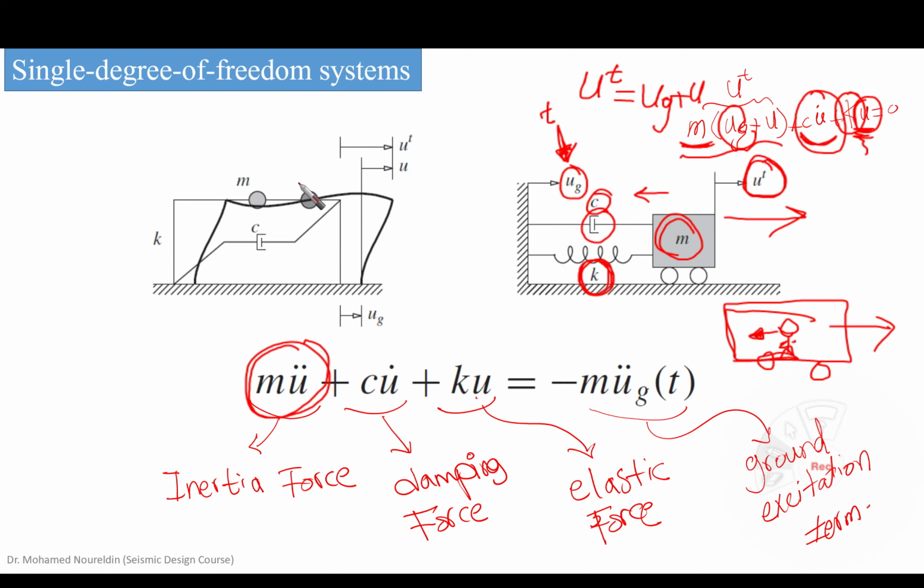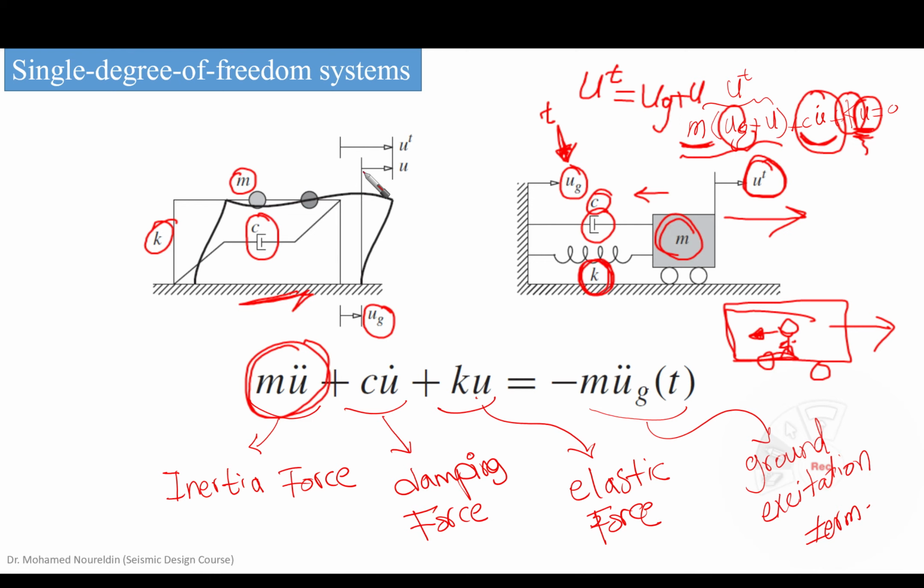if we have a one story building with a mass here, and stiffness K for the columns, and we have a damping force due to the material and different sources of damping in the system, then whenever there is a ground acceleration or ground excitation, the ground is moving with displacement we call UG, and the structure under this movement is going to deform.